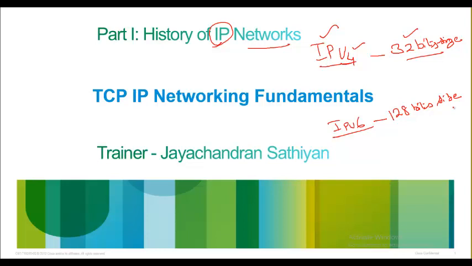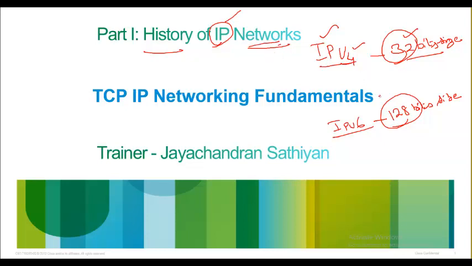Next. We are going to learn about these later, how the 32-bit looks like and how the 128-bit is used. But I just want to give you the history of IP network.